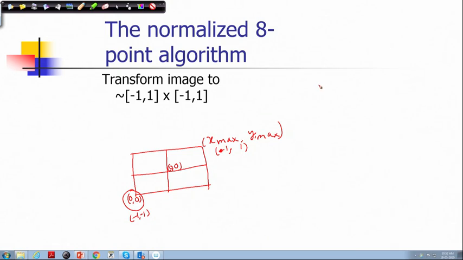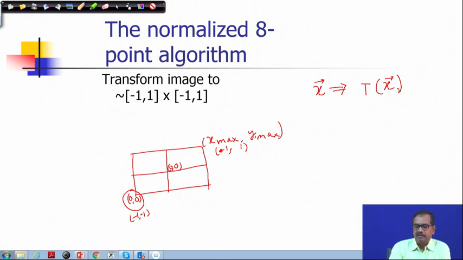Say you have an image, as I mentioned, and any point x is now transformed to a point. This transformation is given by this in the left image, that means the reference image. For the right image, let us consider another transformation we are performing. These are linear transformations.